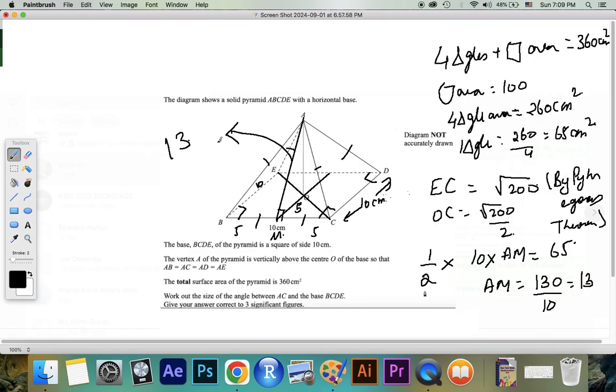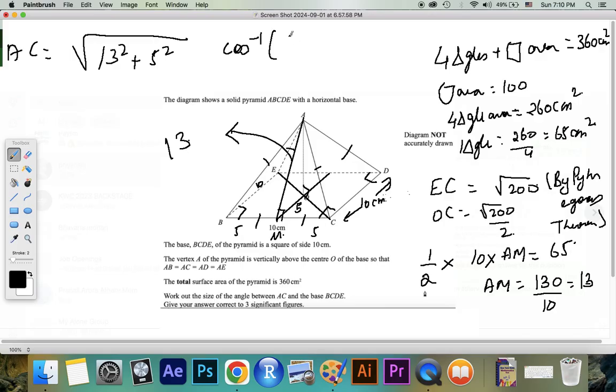So AM is 13, and if we take this as 5, then we can find AC, which is nothing but the square root of 13 squared plus 5 squared. We already know that OC is square root 200 by 2. So we do cos inverse of OC over AC, because in triangle AOC, OC is the adjacent and AC is the hypotenuse.